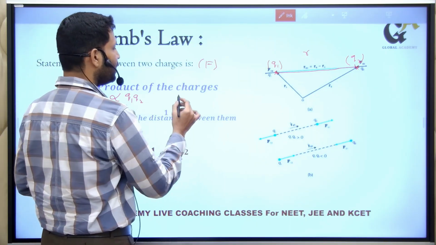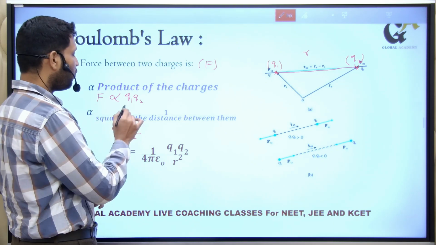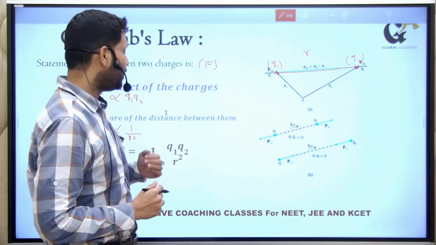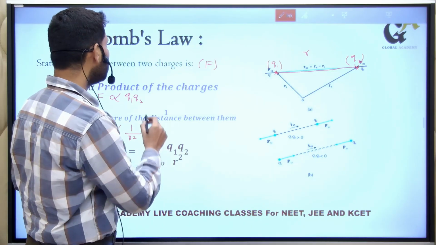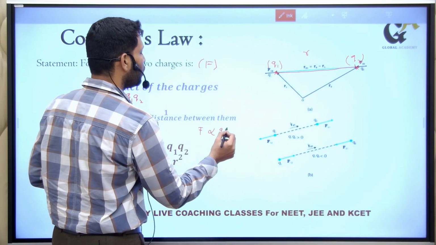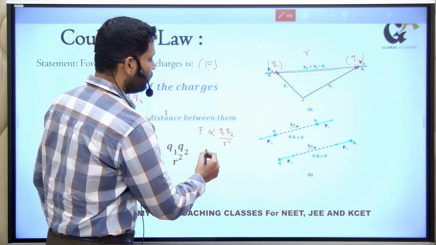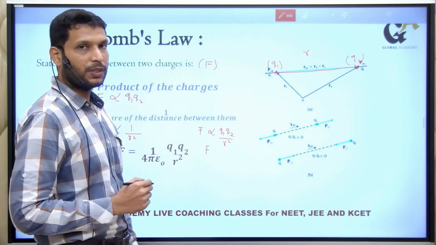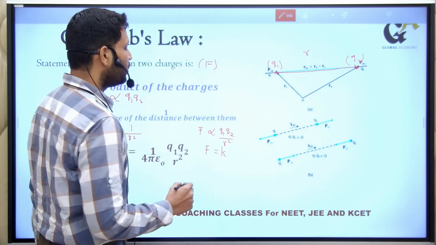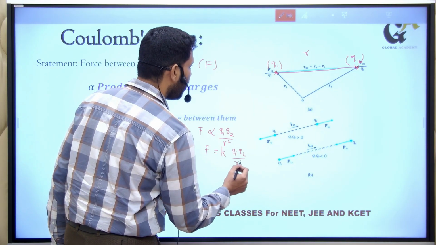When you combine these two things, F is directly proportional to Q1 Q2 from the first part, and F is inversely proportional to r square, that is 1 by r square, you will get F directly proportional to Q1 Q2 divided by r square. Okay, so to remove this proportionality, I will introduce one constant of proportionality k. So F is equal to k Q1 Q2 divided by r square.